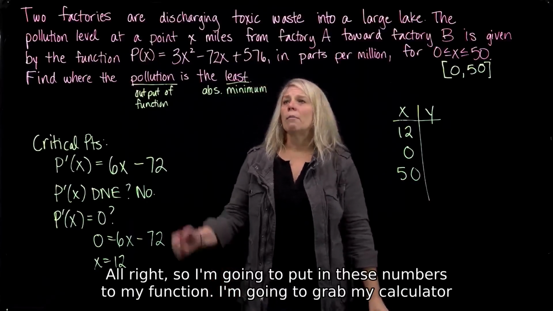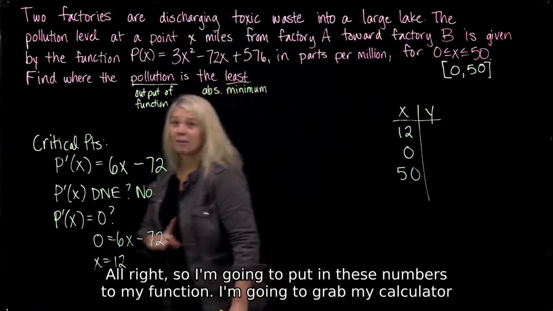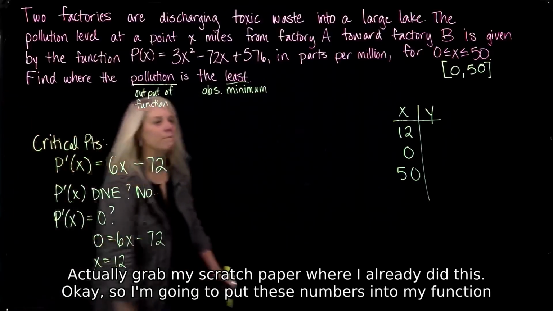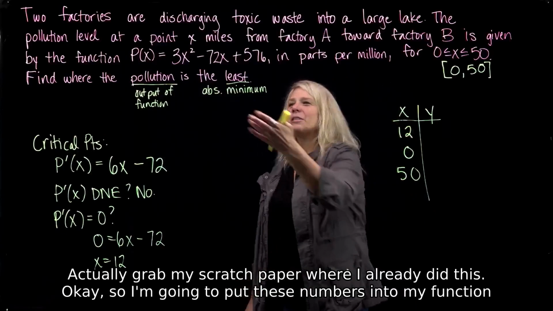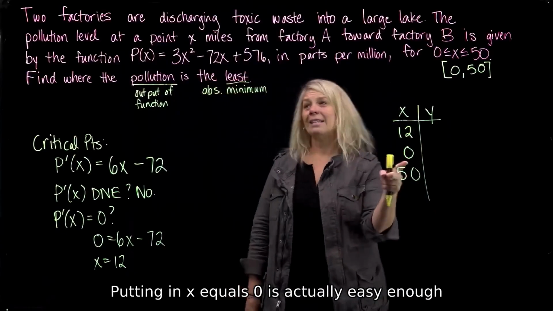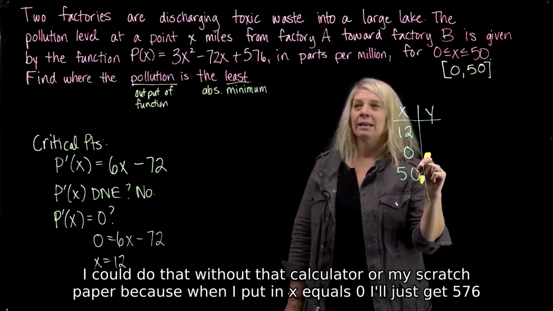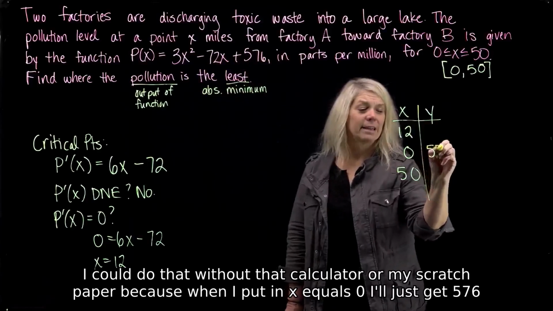All right, so I'm going to put in these numbers to my function. I'm going to grab my scratch paper where I already did this. Putting in x equals 0 is actually easy enough. I could do that without my calculator or my scratch paper, because when I put in x equals 0, I'll just get 576.